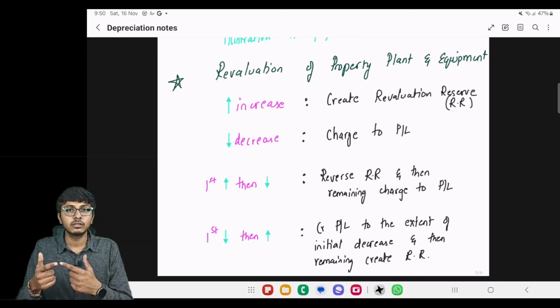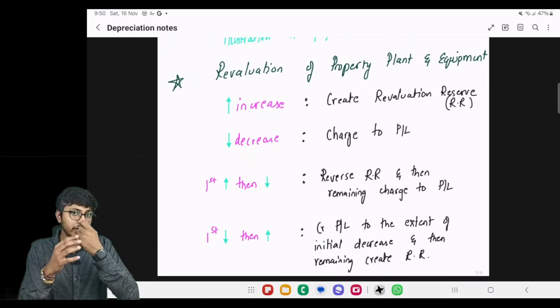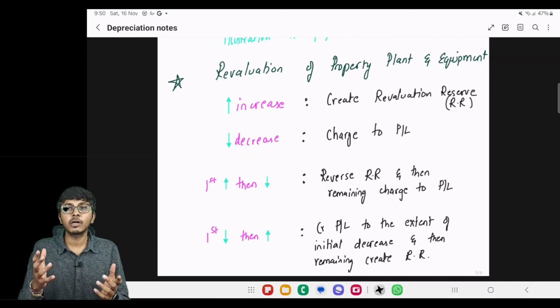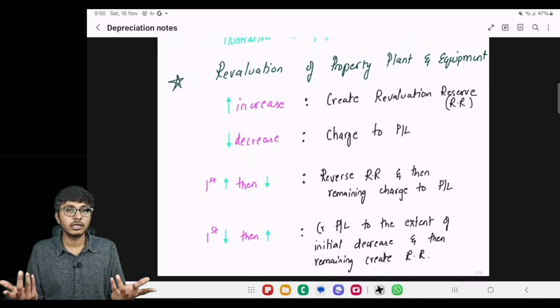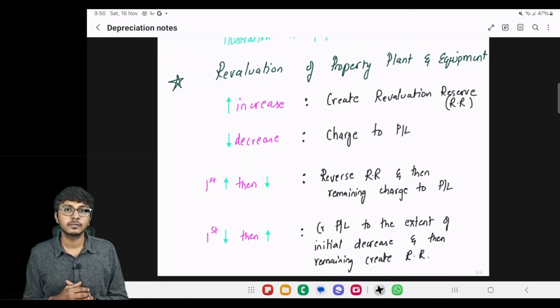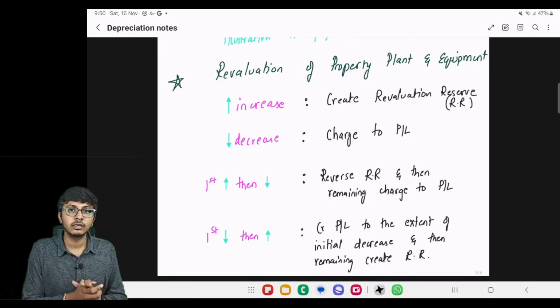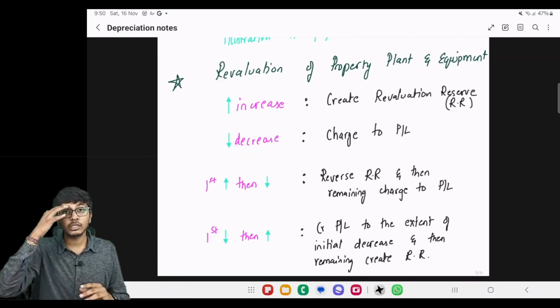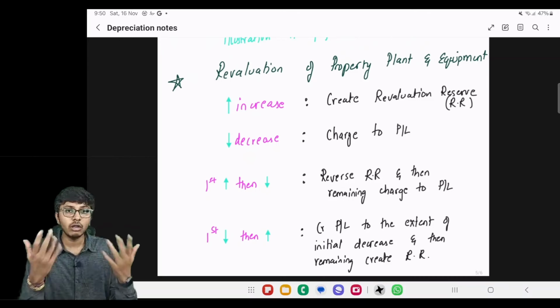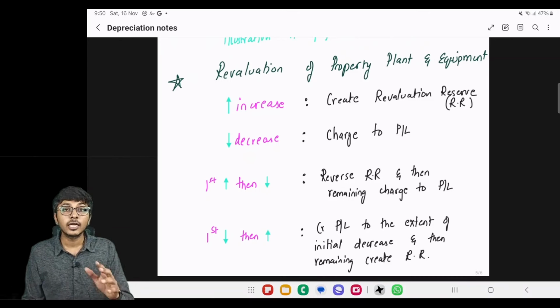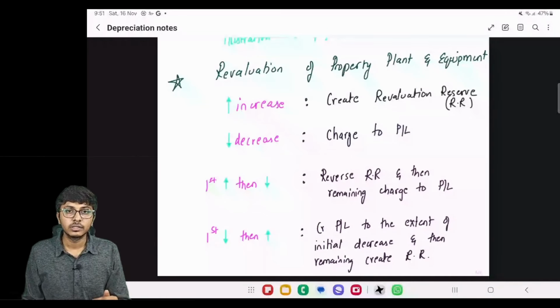Or the opposite: you bought it for 10 lakhs, but because the area changed suddenly, the value of the asset has decreased all of a sudden. It's not depreciation. It did not decrease because you used the asset or because of technological advancement. It decreased all of a sudden. That means you can revalue the asset, upwards or downwards.